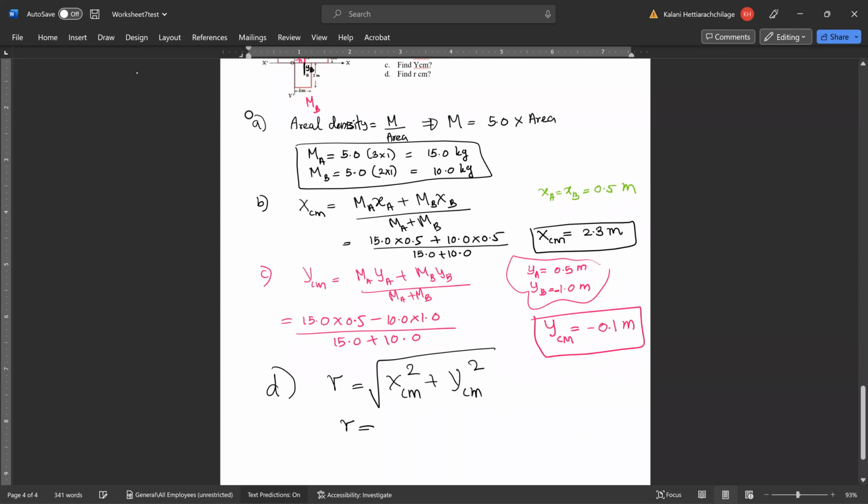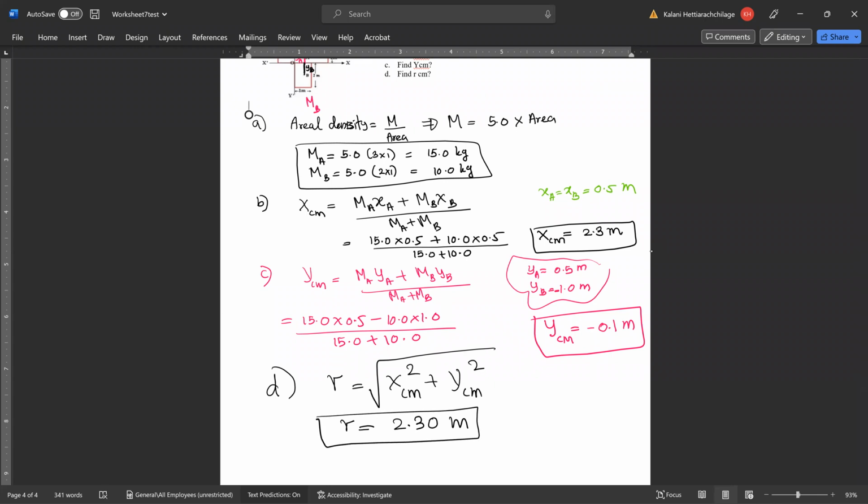You're going to plug it into the calculator and find the R center of mass. That will be 2.30 meters.